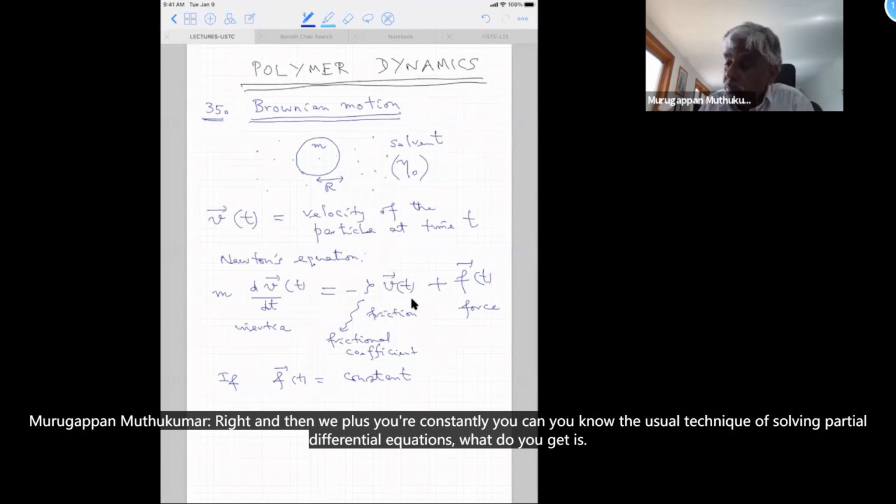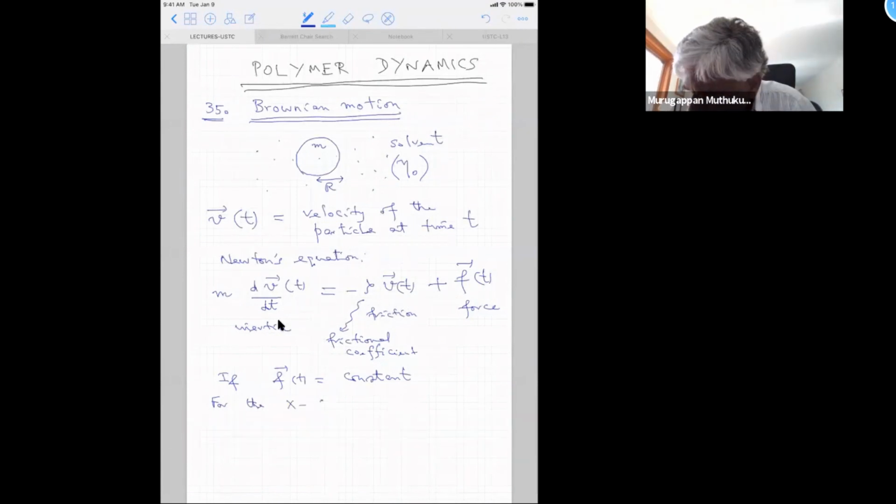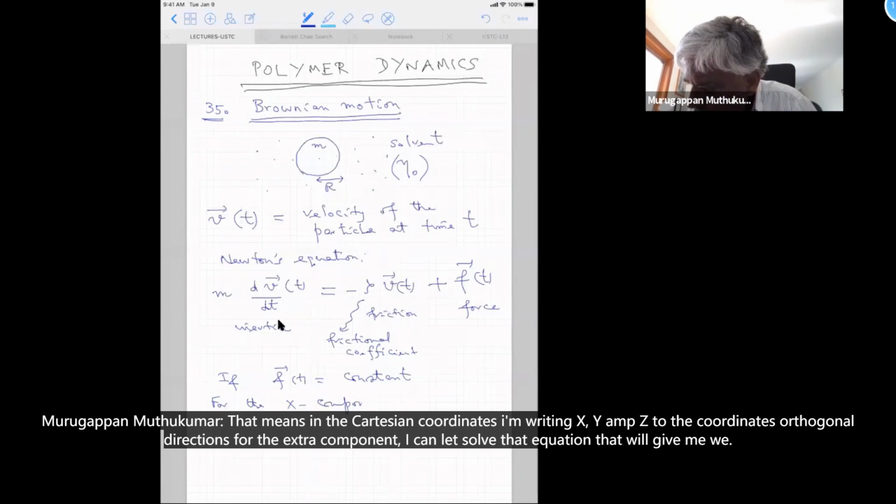Let me look at the x component. v is a vector, and so is f. In Cartesian coordinates, I'm writing x, y, and z, three orthogonal directions.